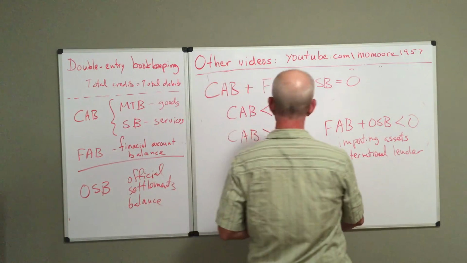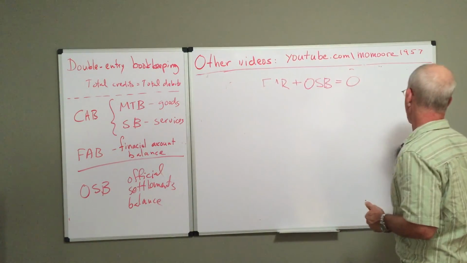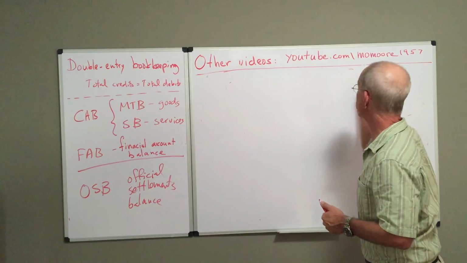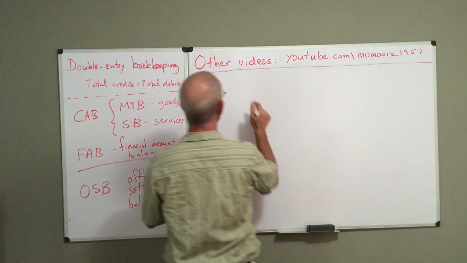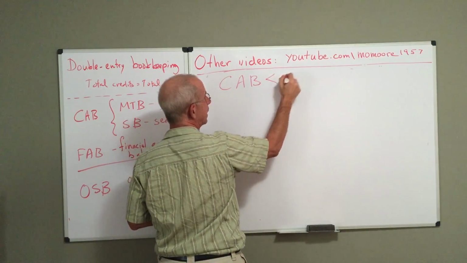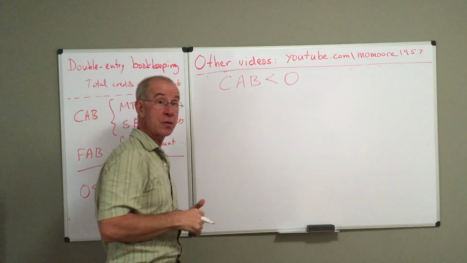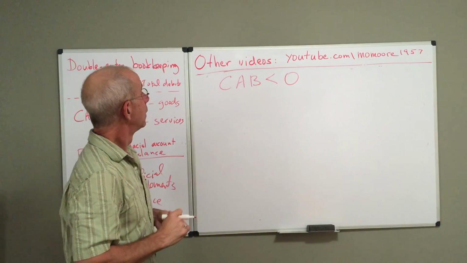Now, there's a relationship with national income accounts which will make this even clearer. Again, let's take, for example, the situation where a country is running a current account deficit.